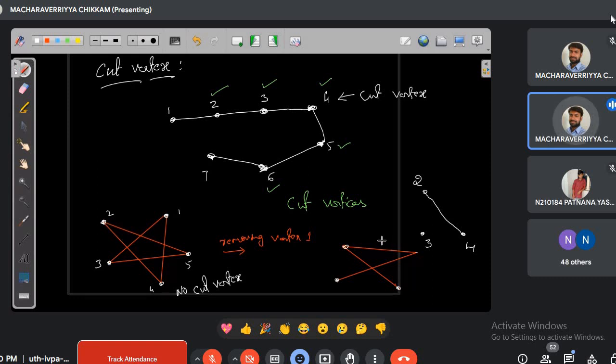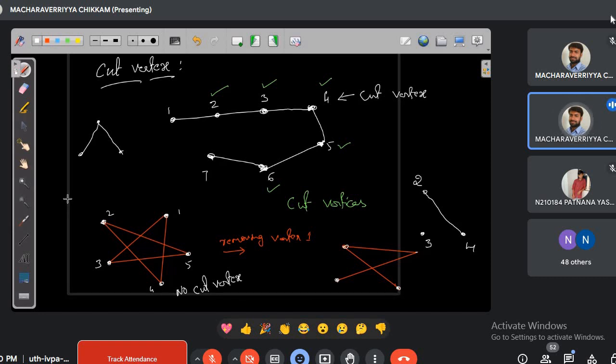Even if I remove the vertices 2 and 5, I hope it is not becoming disconnected. But what we need is the minimum number of vertices to be removed so that it becomes disconnected.